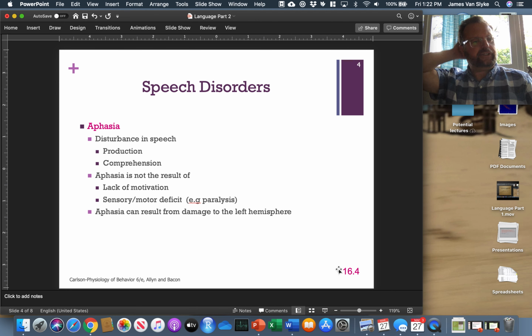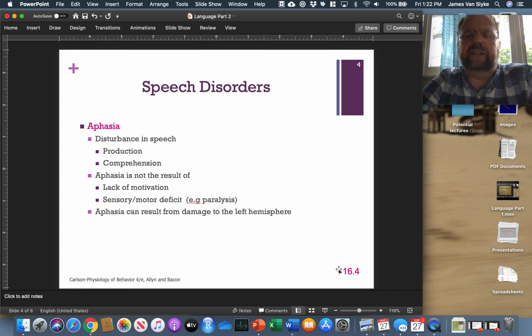Now, different speech disorders that we know about are based on what are called aphasias. Aphasia in general just means the loss of some type of ability, and in this case we're looking at language aphasias.